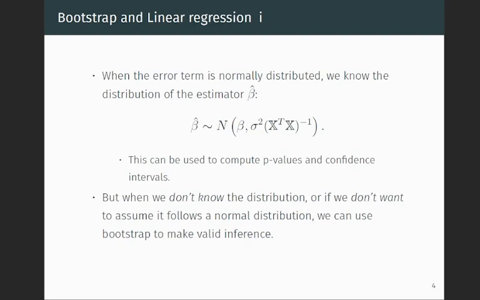When we don't know the distribution, however, or if we don't want to assume it follows a normal distribution, Bootstrap is one way to have valid inference and compute p-values and in particular confidence intervals.